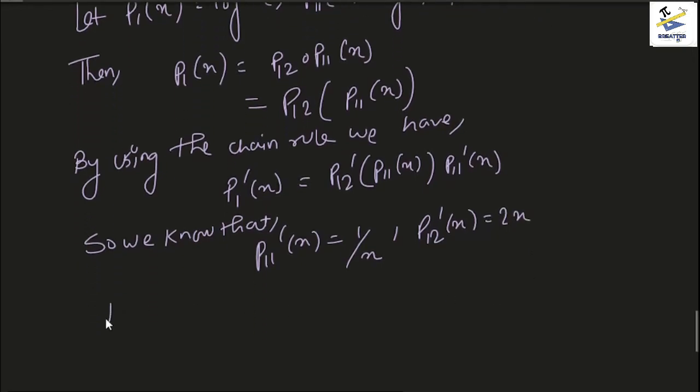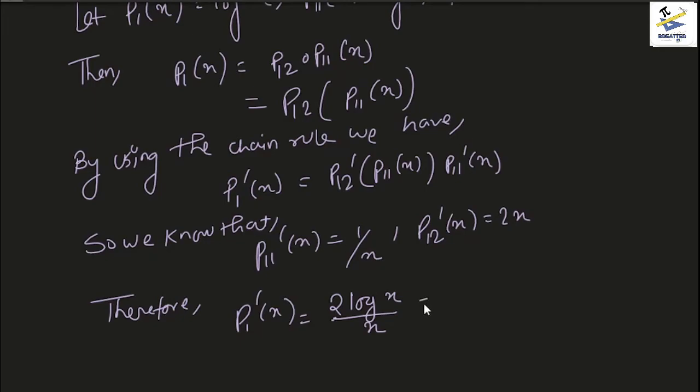So therefore p1 prime x would be equal to 2 times 1 by x, it won't be 2 times 1 by x, because p11 x is just log x, so 2 times log x, and p11 prime x is just 1 by x, so it's like 2 log x by x. So this is our p1 prime x, right?